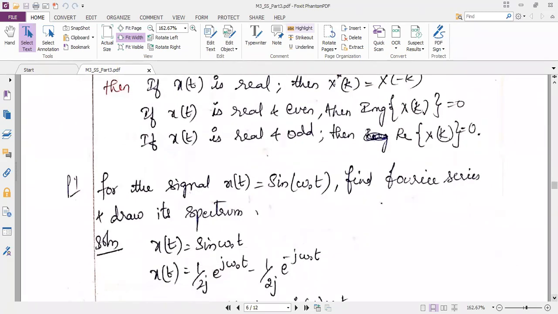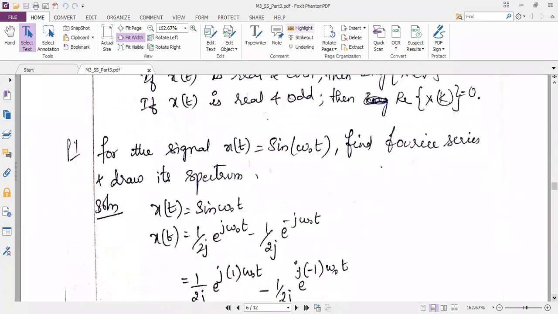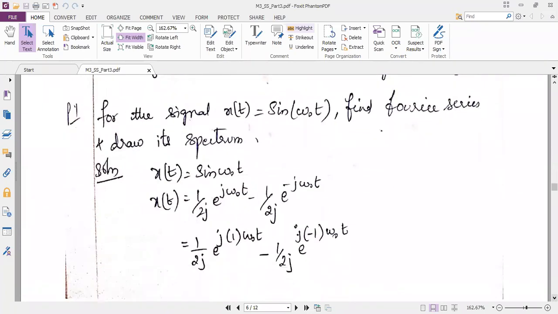So now I want you to just copy this question. For the signal x of t is equal to sine of omega naught t, find the Fourier series and draw its spectrum.